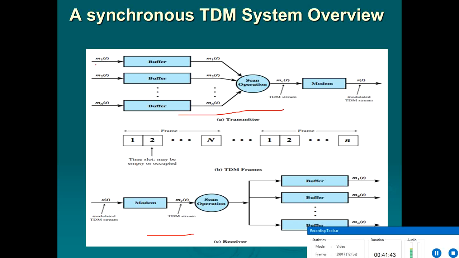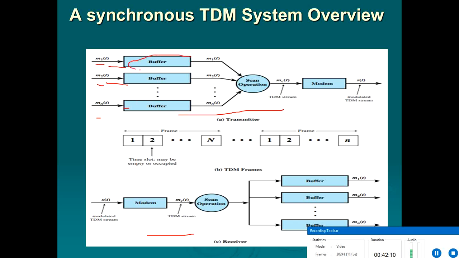So suppose for the first user, the signal is M1, M2 and M3. These are multiplexed onto the same transmission medium. The signals carry digital data and are generally digital signals. Normally in time division multiplexing, the signals that are generated are digital signals. The incoming data from each source are briefly buffered. So whatever data the user is sending, it is buffered.